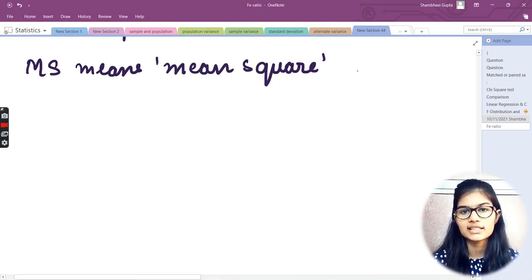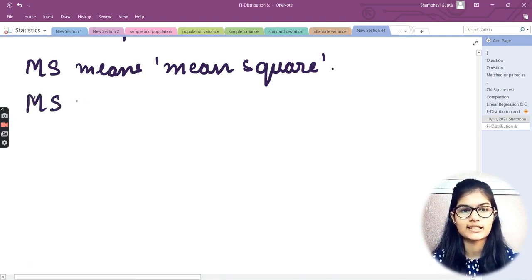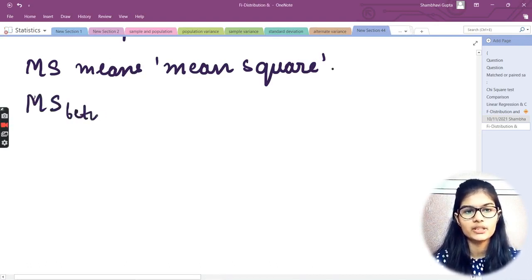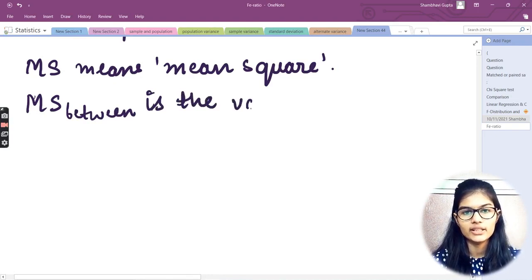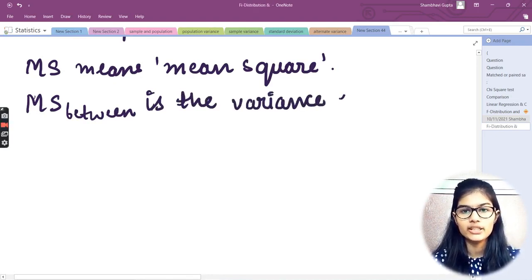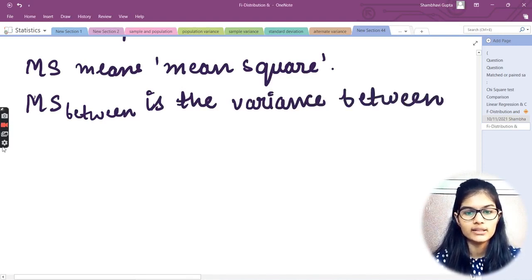Now what is MS between? I will write that out as well. MS between, one second. So here it goes, between in the denominator, right?